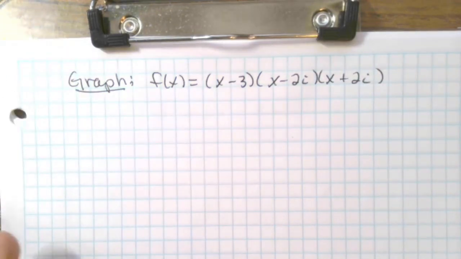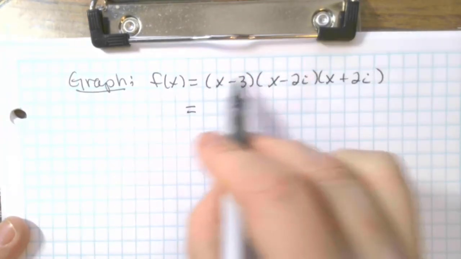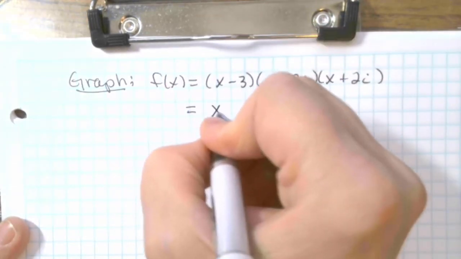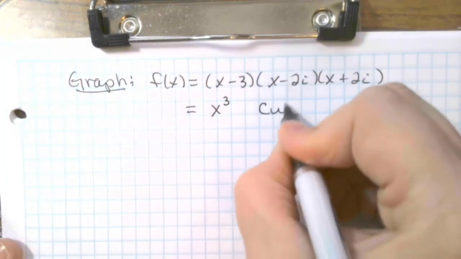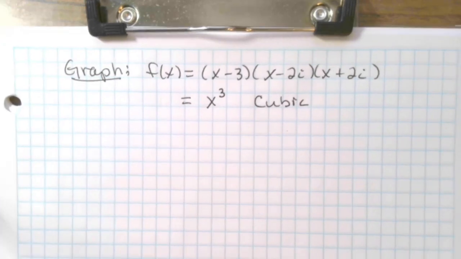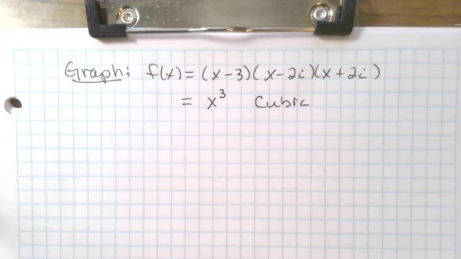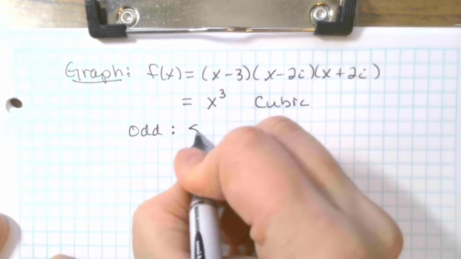Okay, so if you were to multiply this out, the leading term would be x times x times x. It would be x cubed, which is a cubic. All right, so what do we know about this? Let's analyze. It's a cubic, so it's an odd degree, which means it's an S shape.